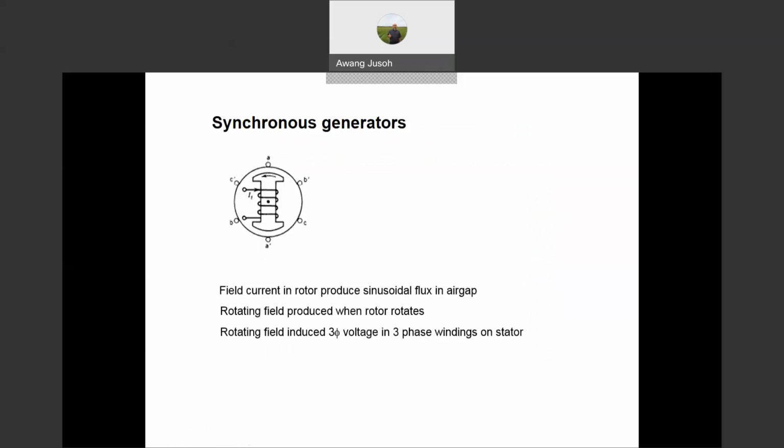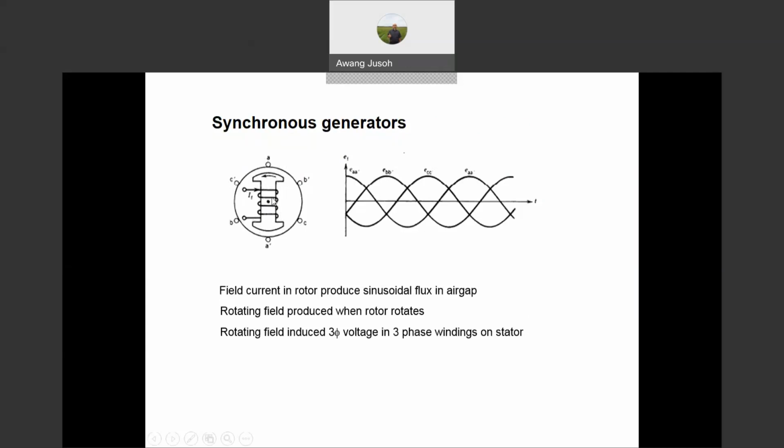Okay, so how does the system work now? We have the rotor there, and the stator windings A bar, B bar, C bar. In this example, we represent the rotor by the salient pole. When the prime mover rotates the salient pole, what happens? The salient pole becomes a magnet because we inject DC current, and it rotates at synchronous speed.